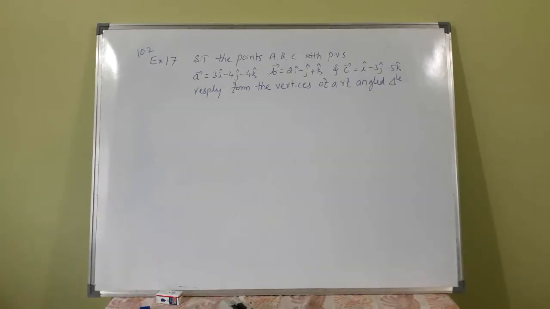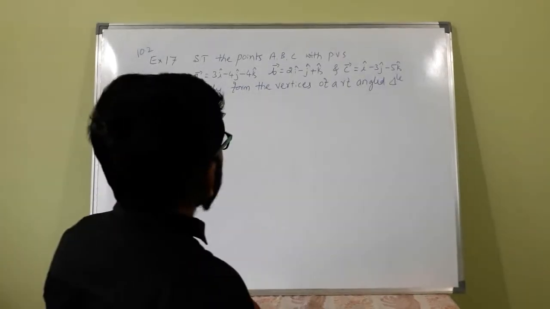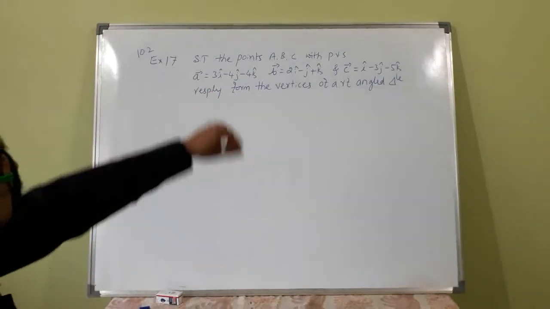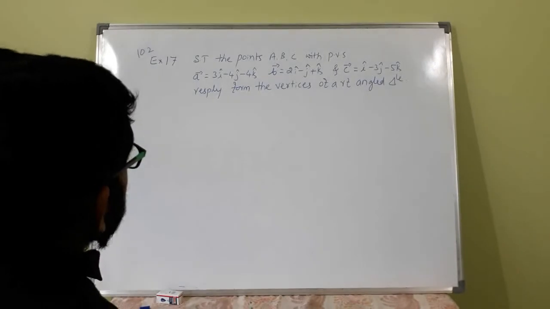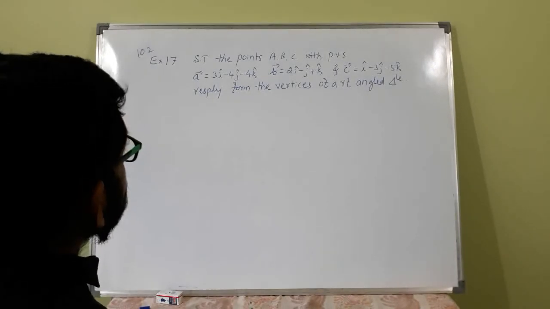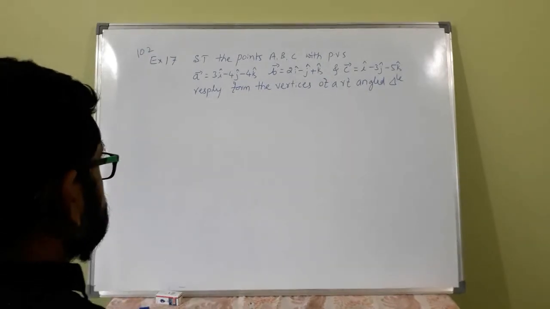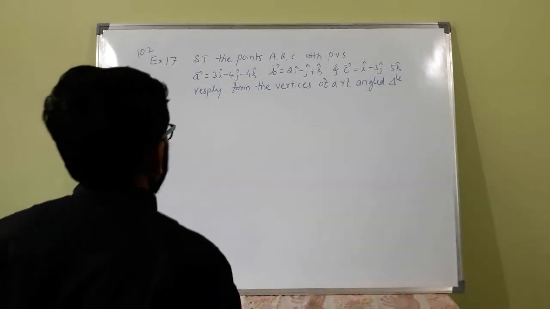See, the points A, B and C with the position vectors a, b, c are given. You have to show that they form the vertices of a right angle triangle.